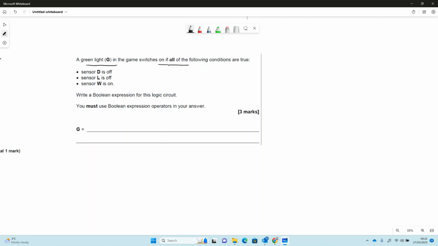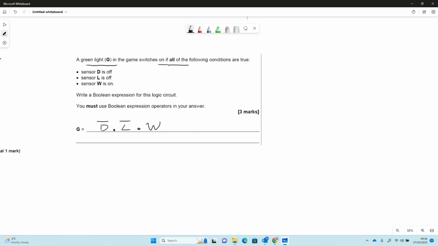So if sensor D is off, so we could think not D. Sensor L is off, so probably we AND not L, and all of the following, sensor W is on, so AND W. And even though that seems very simple, that is a good answer for that. That is the answer for that, really. The best answer is the easiest one to think about.